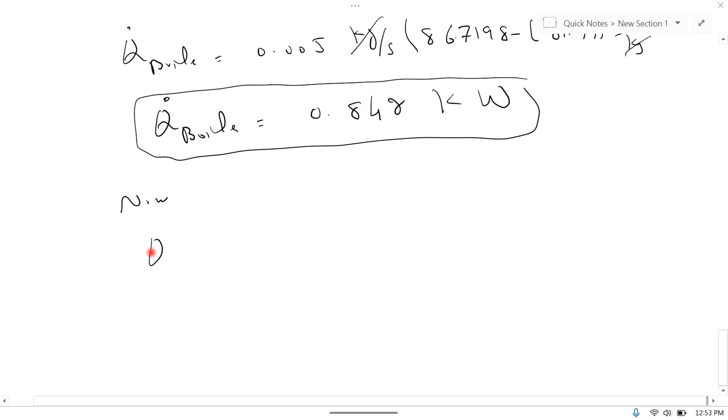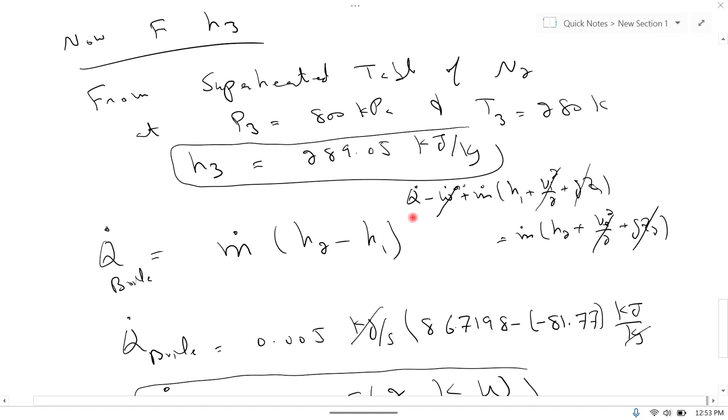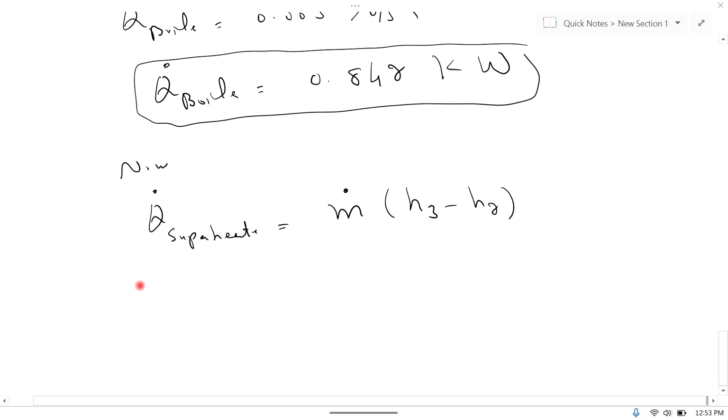Now rate of heat transfer in superheater, which is equal to m dot h3 minus h2. Just like above equation is this, but other terms are neglected. So Q dot in superheater is equal to m dot is 0.005 kilogram per second.